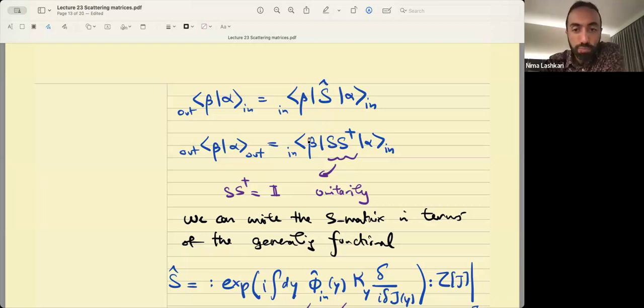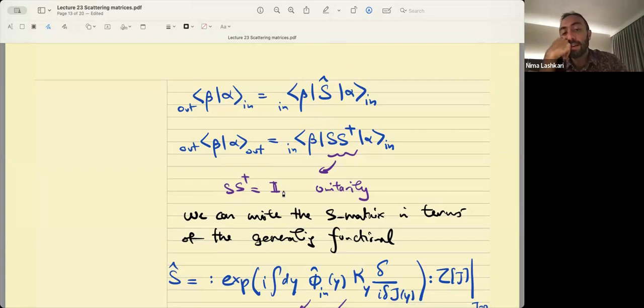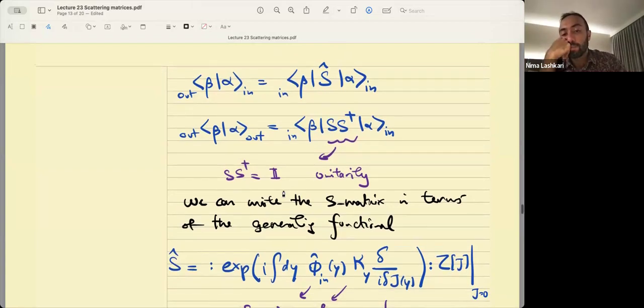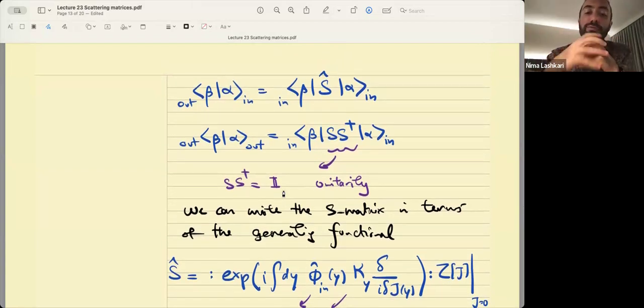And this S, because it has to do with the unitary evolution from the Hilbert space of in to the Hilbert space of out, has to be unitary, which means that S dagger S has to be identity, right? Good. Are there any questions?